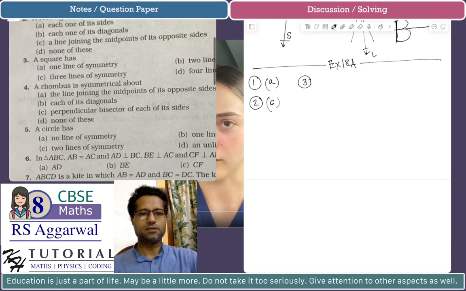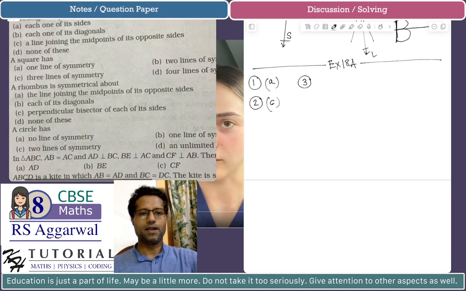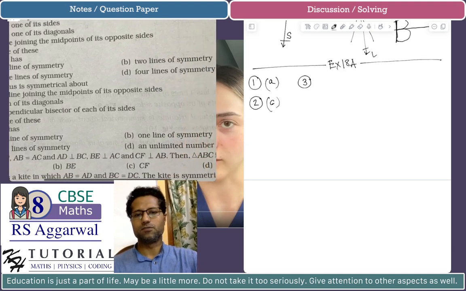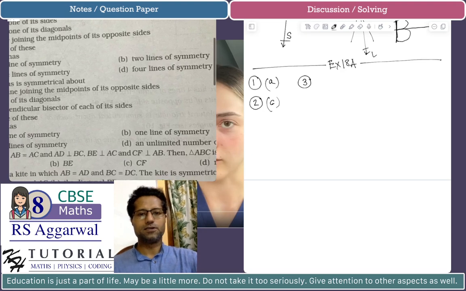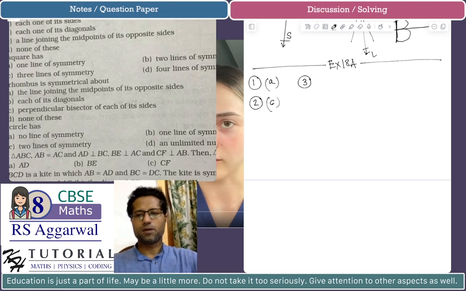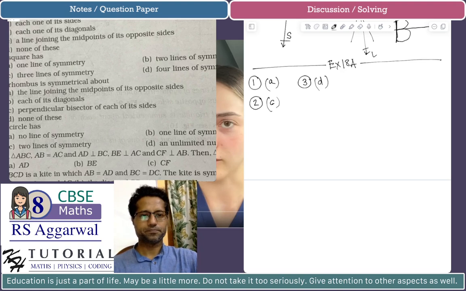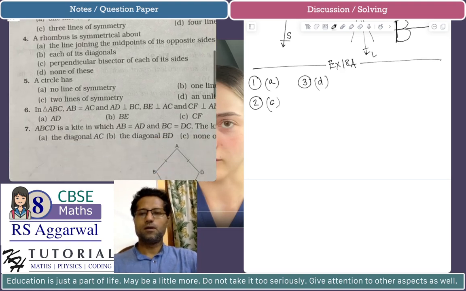A square has one line of symmetry, two lines of symmetry, three lines of symmetry, four lines of symmetry. We have already seen while discussing square that a square has four lines of symmetry, the two diagonals and the lines joining the midpoints of the two opposite sides. So it has four lines of symmetry. Okay.